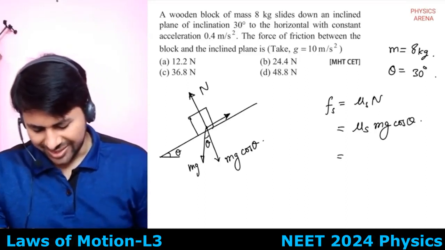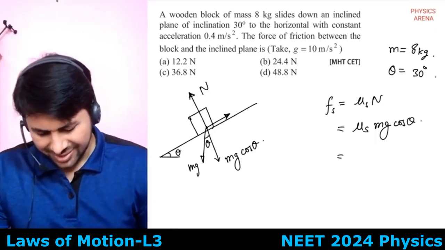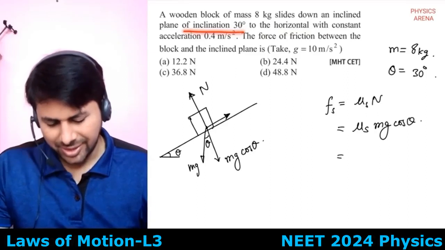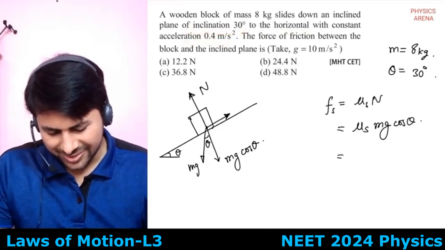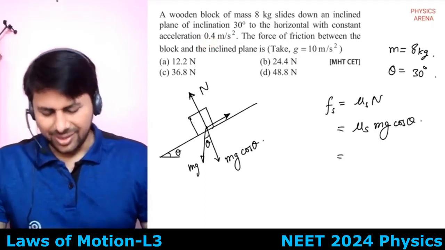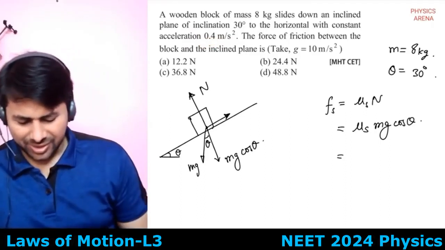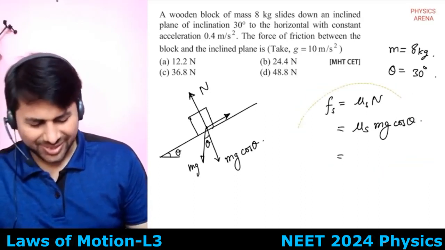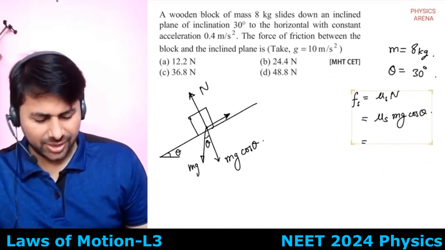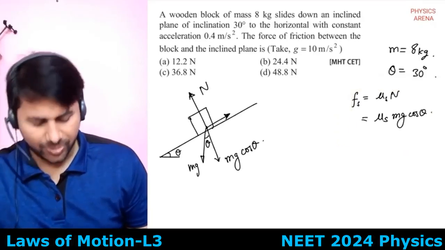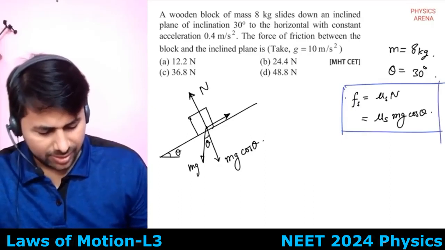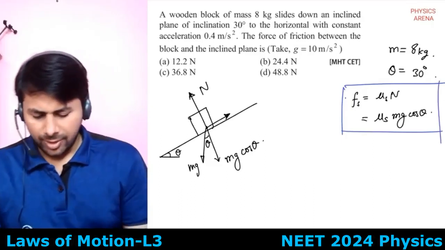So then it's simple. So mu s is given or not given? Mu s is not given, right? Inclination is given, acceleration is given. Oh no. It is not this way. Okay, let's solve this. So this thing we need to remember, not for this question only. We need to remember this always.